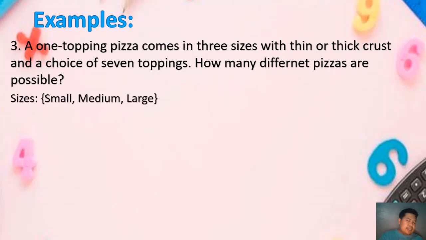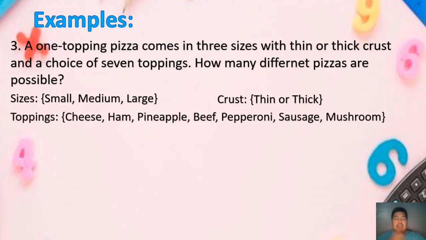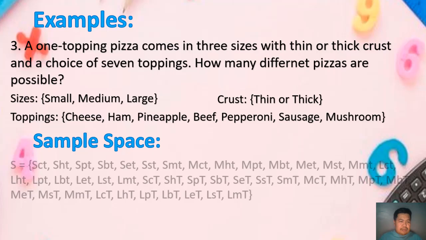So, first, let's identify the sizes. It can be small, medium, large. We can choose from the crust of thin or thick. And lastly, here are our toppings: cheese, ham, pineapple, beef, pepperoni, sausage, or mushroom. And next, here's our sample space.